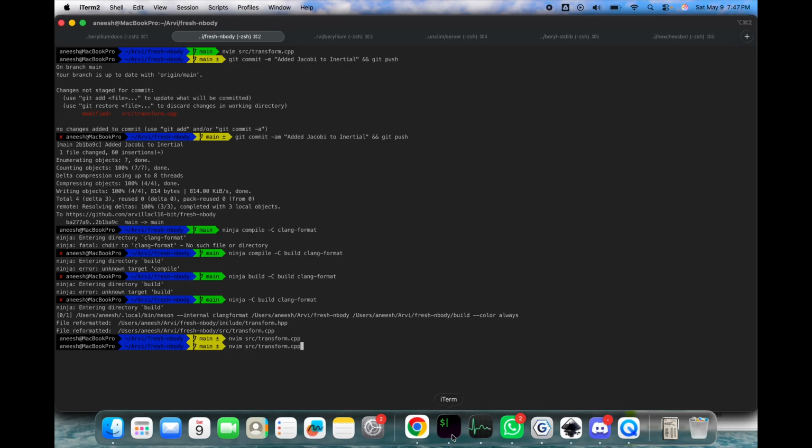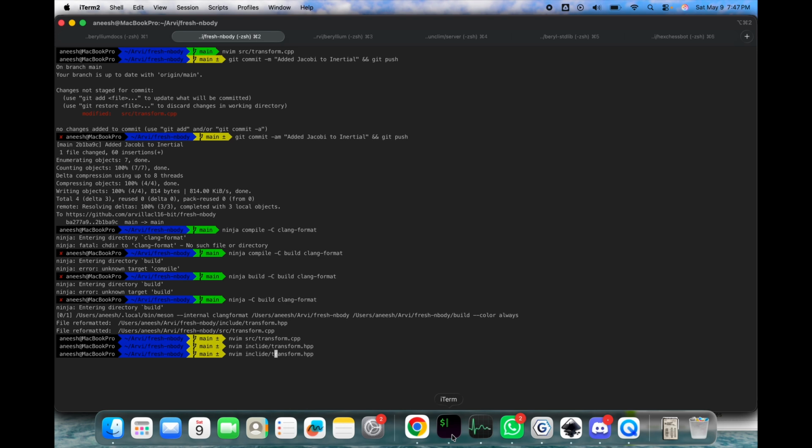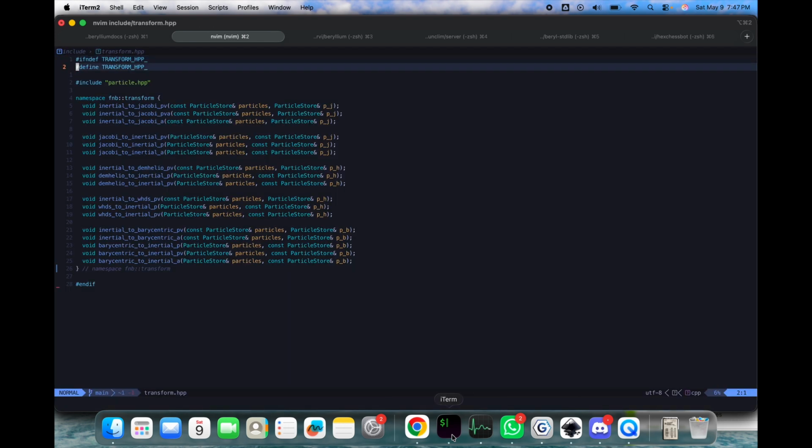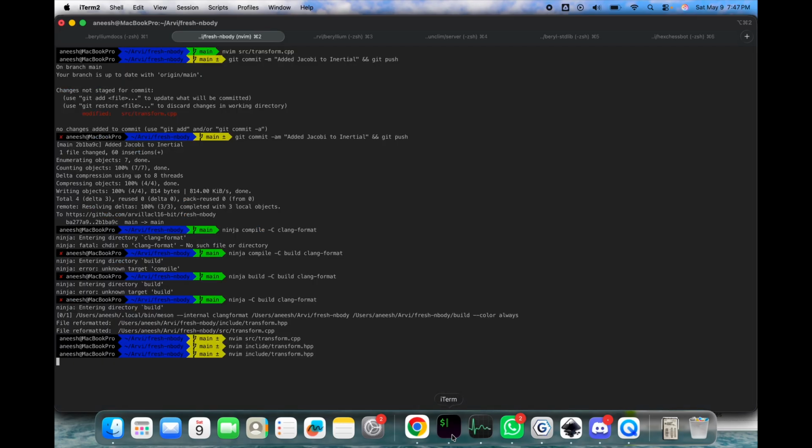So what does it want in the include? I don't want it. Include. Okay, it looks like it just added a namespace or something. I don't know. Yeah, I think it was just adding a namespace comment.